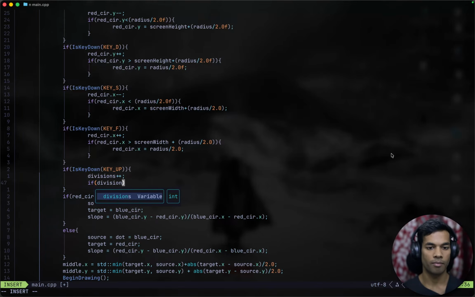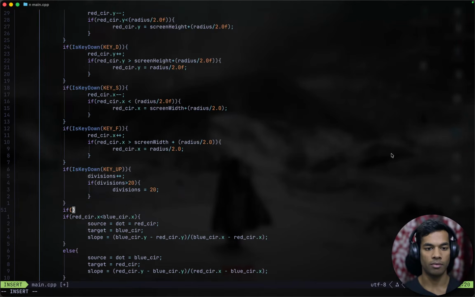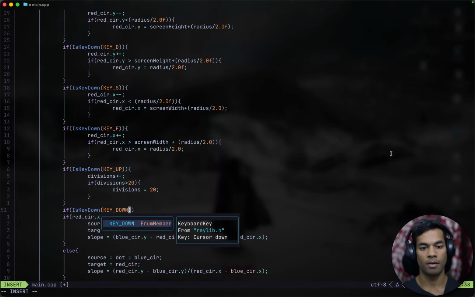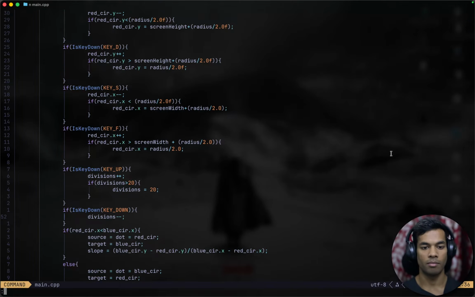If divisions greater than 20, we make divisions equals 20. And if key down, then divisions minus minus.